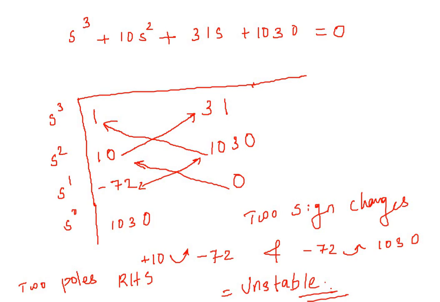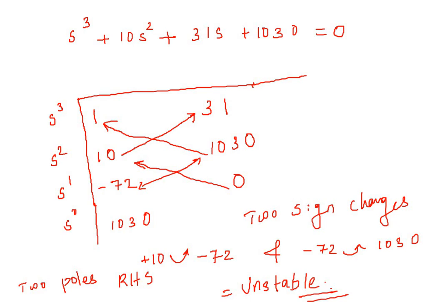So in order to check the stability using Routh-Hurwitz criterion, first we have to form the Routh table. After that we assess the stability by checking the first column of the Routh array. Since there are 2 sign changes in the first column, 2 poles are lying in the right half of the S plane, hence the system is unstable.